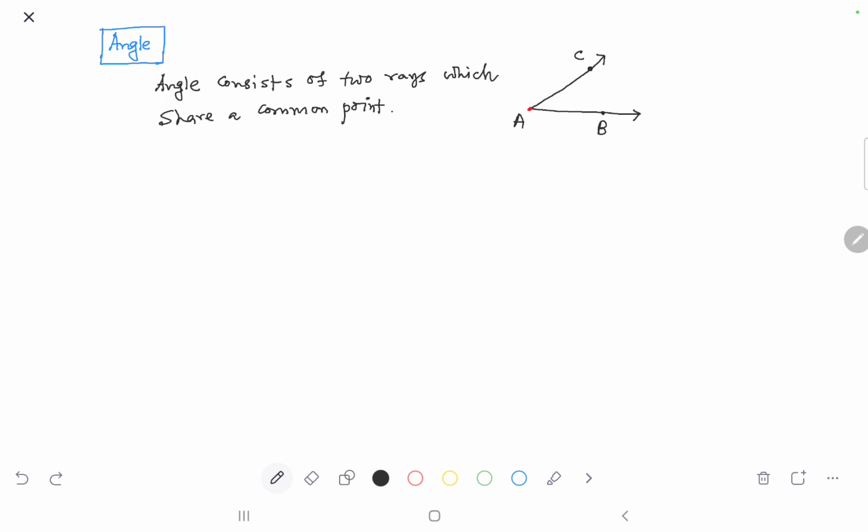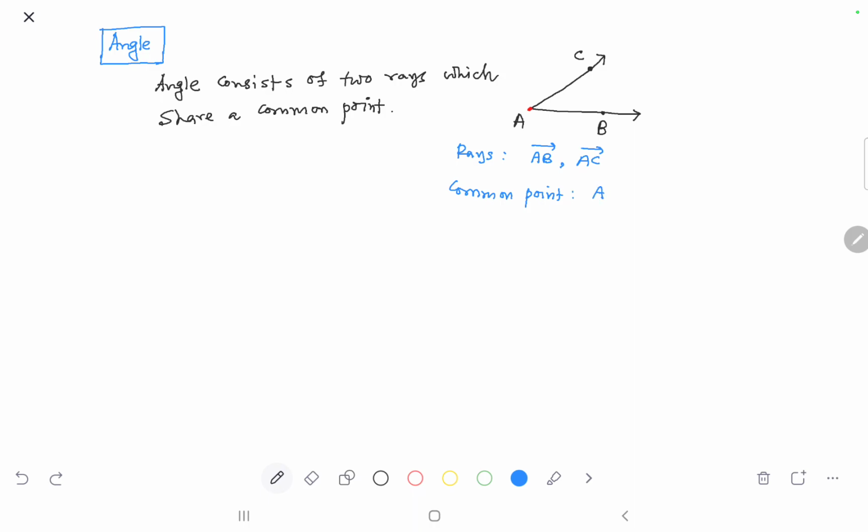Okay, so the common point is here A, and we have two rays. The rays are basically A to B, that direction, and another ray is A to C. So the common point is the point A.